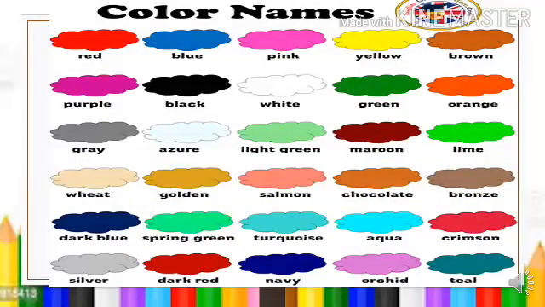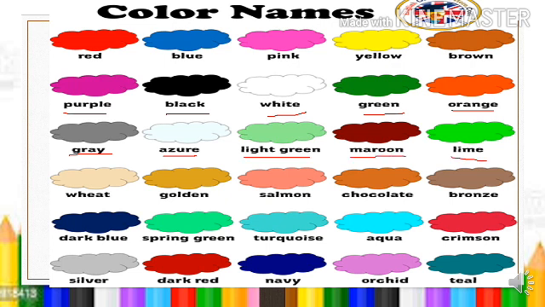There are colors named red, blue, pink, yellow, brown, purple, black, white, green, orange, gray, azure, light green, maroon, lime, golden, salmon, chocolate, dark blue, spring green, turquoise, aqua, crimson, silver, dark red, navy, orchid, and tan.